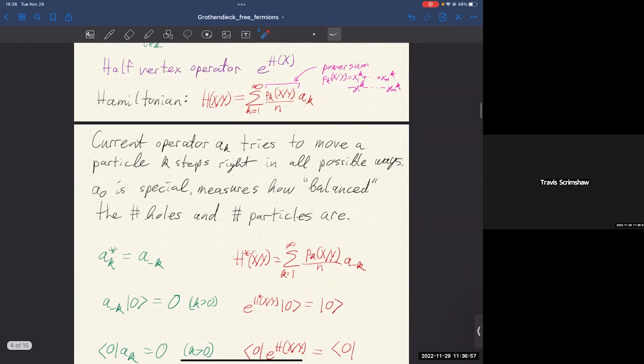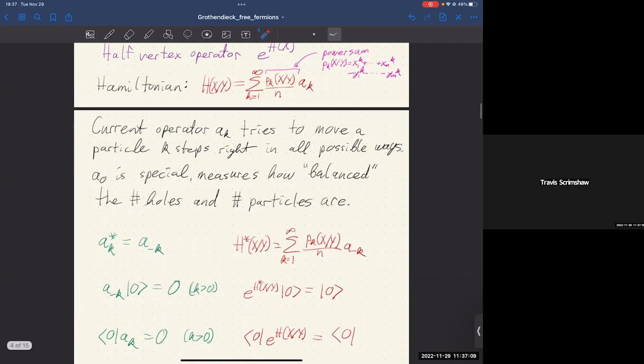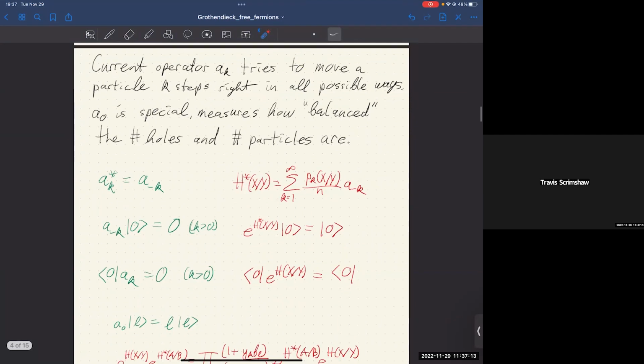And again, A_0 is special. It just measures how balanced the number of holes and particles are. I can make this precise, but we're not going to use it, so I'm just going to skip over it.